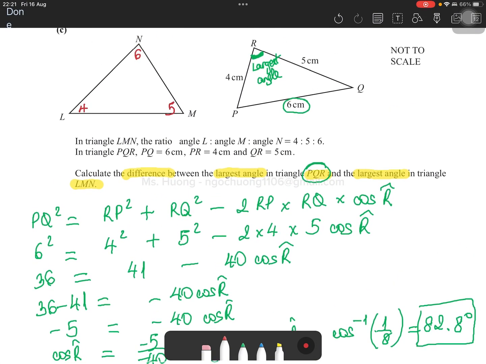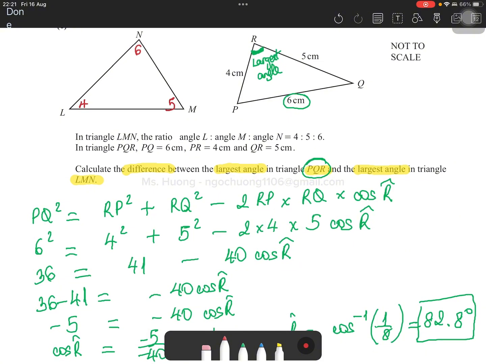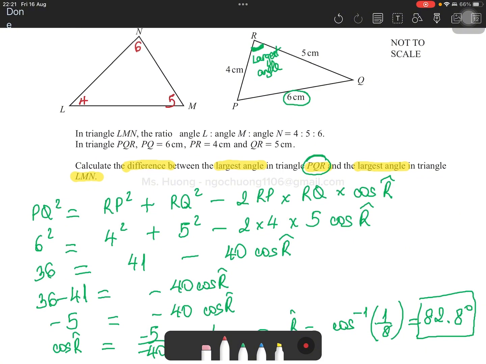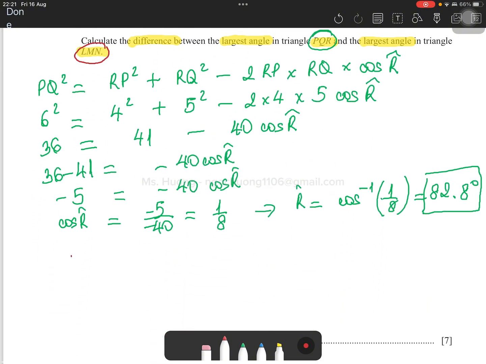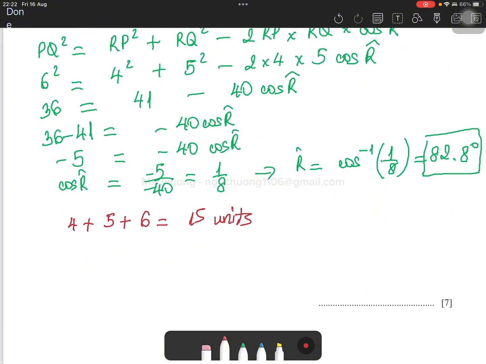In LMN, 4 plus 5 plus 6 is 15 units. And these three angles add up to 180 degrees. The total is 180 degrees.